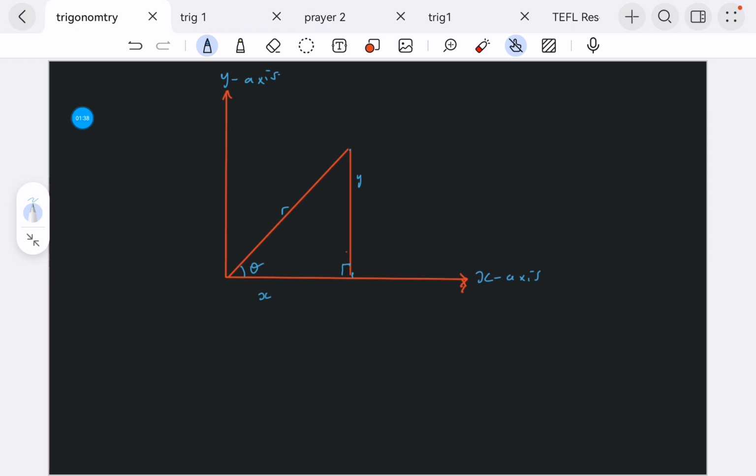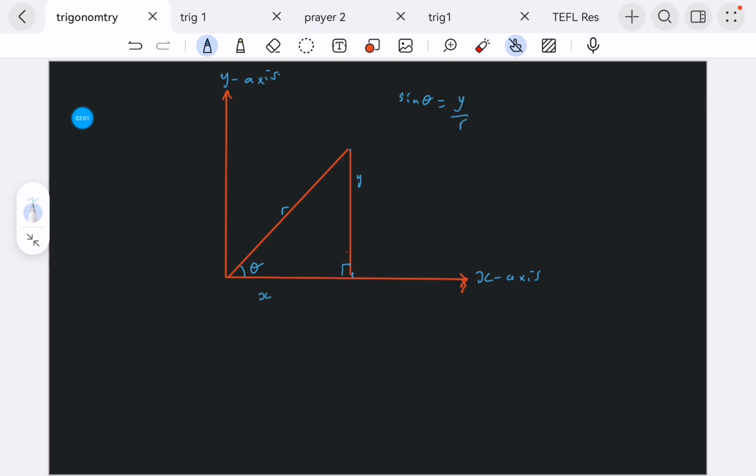Okay, so I remember teaching you that from this triangle, sin theta is equal to opposite over hypotenuse. So that is going to be y divided by r, okay?